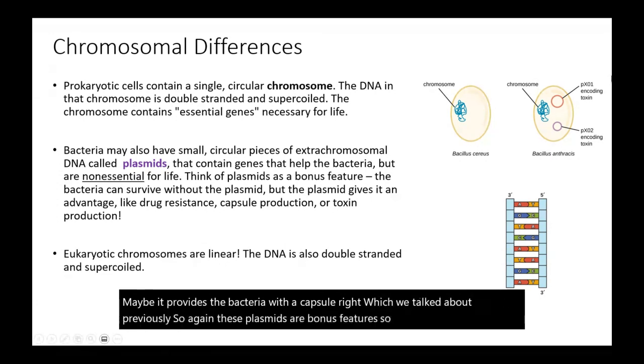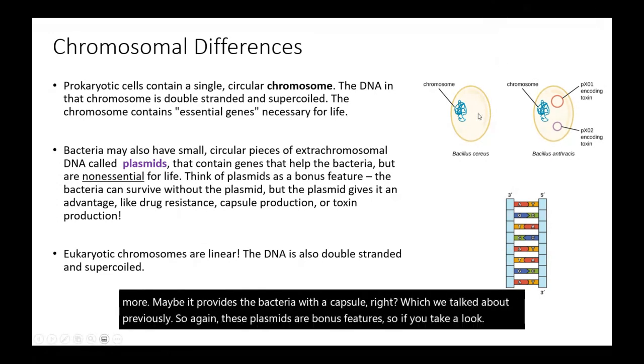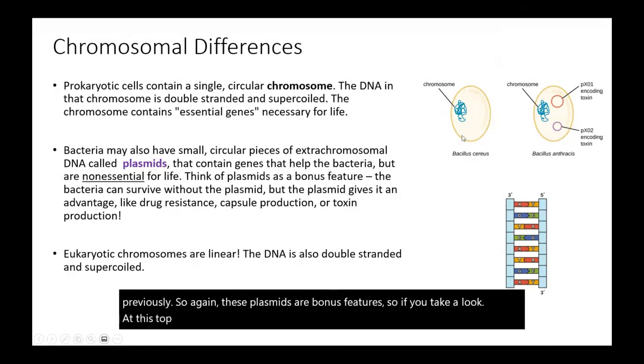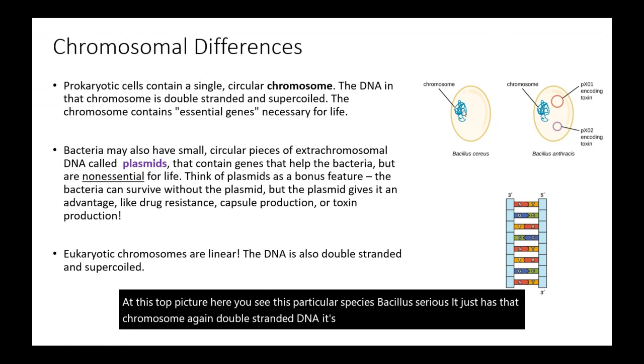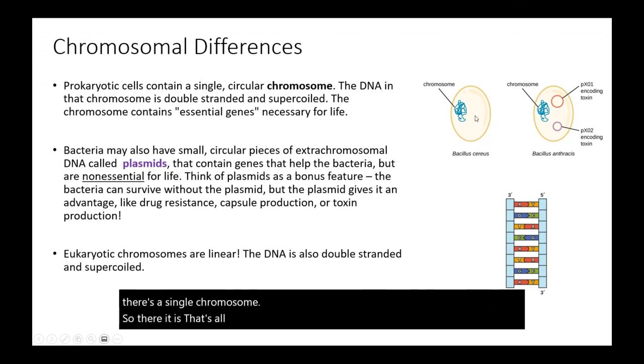If you take a look at this top picture here, you see this particular species, Bacillus cereus, it just has that chromosome, again double-stranded DNA, with an overall circular structure, and there's a single chromosome. That's all Bacillus cereus has.